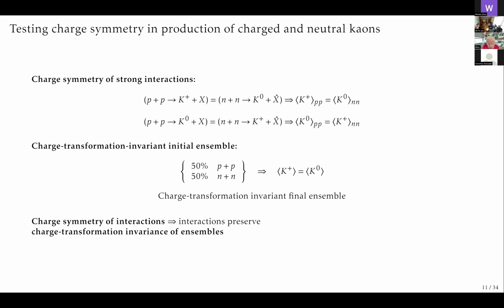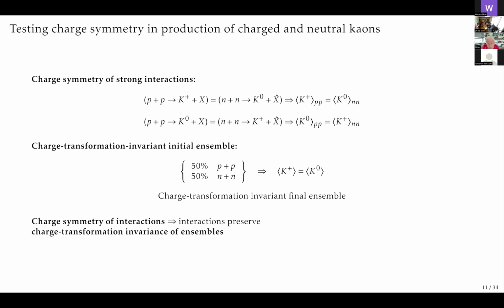In other words, protons and neutrons are related by isospin rotation only if they have exactly the same momentum and the same spin. And here for kaons, they have to have the same momentum to make a true isospin comparison.